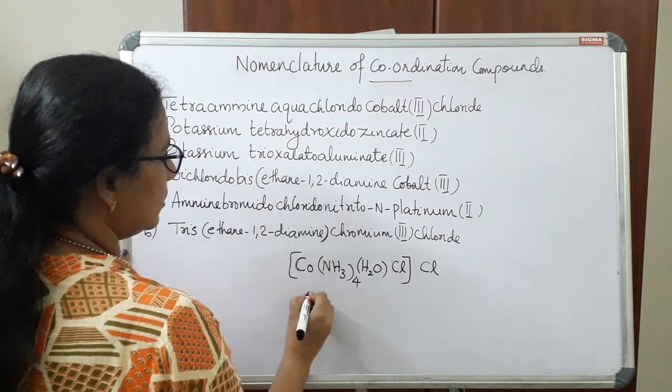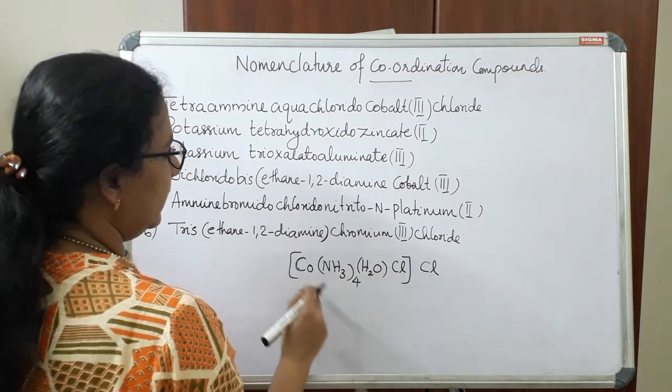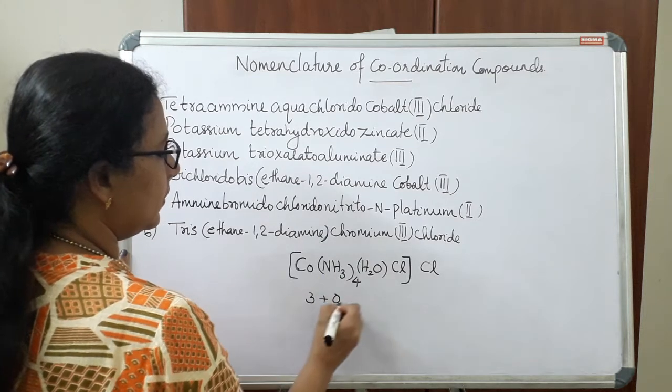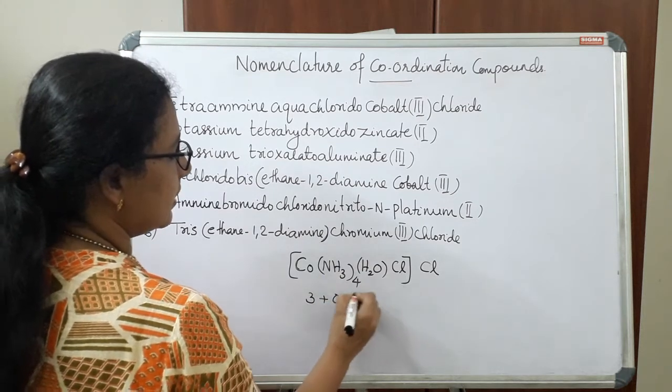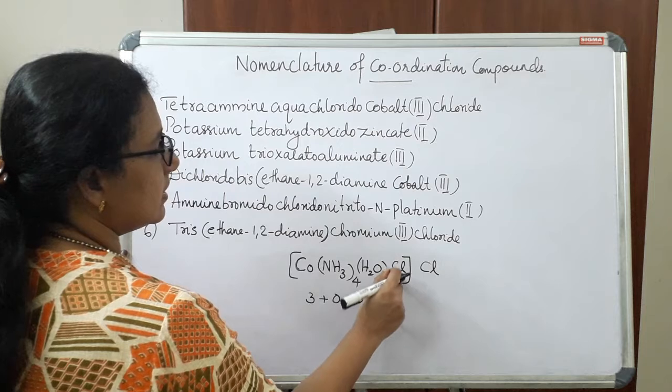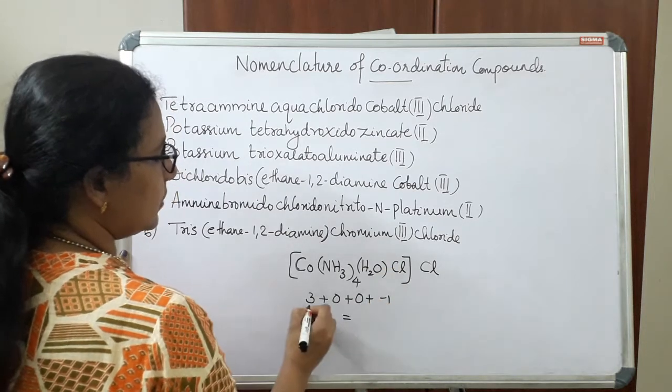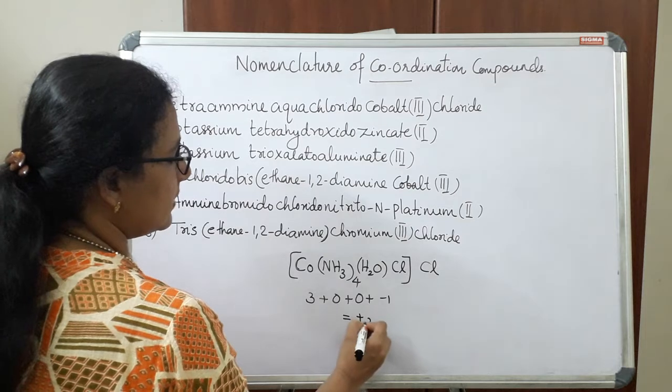So the charge of this complex part will be 3 plus NH3, a neutral ligand, so 0; H2O also 0; then Cl is minus 1. So the charge will be 3 minus 1, that is plus 2.